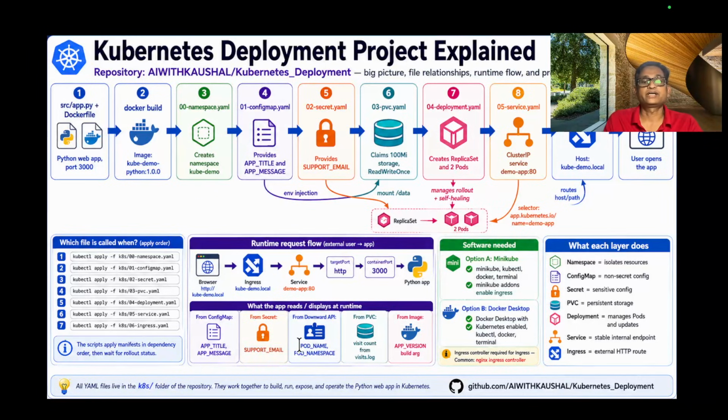After that it also reads the pod name and pod namespace from here, and from the PVC it will mount all the persistent data store points, and from the image it will read the app version.